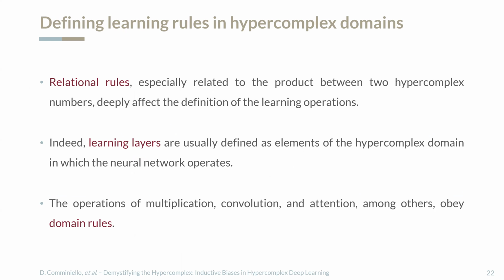Then learning layers are usually defined as elements of the hypercomplex domain. Based on these domain rules, we can redefine operations like multiplication, convolutions, attention, and all the kinds of operations that we can have in neural networks.